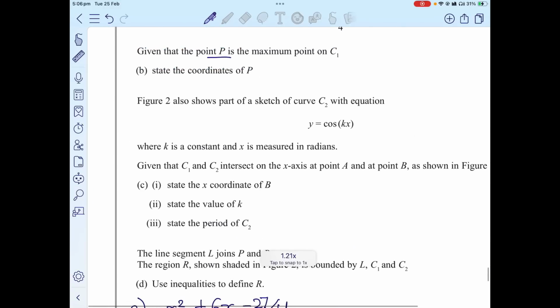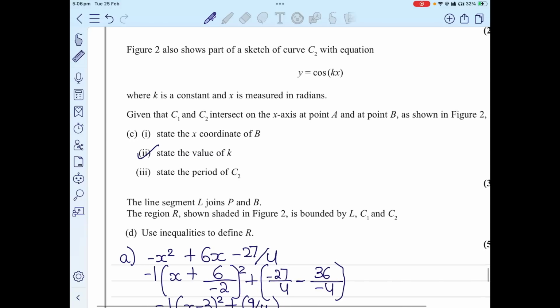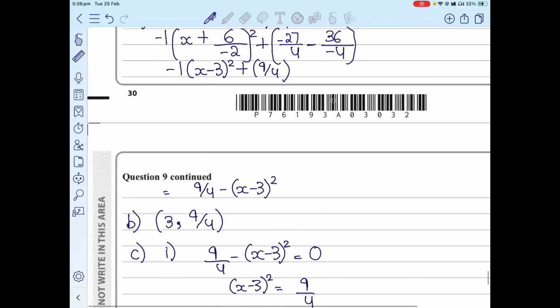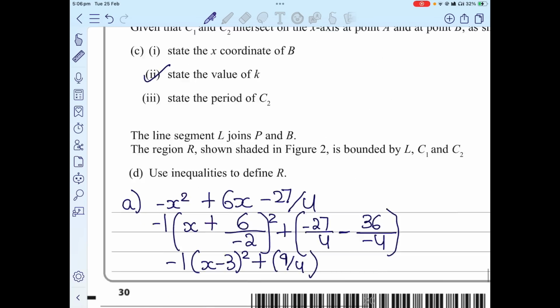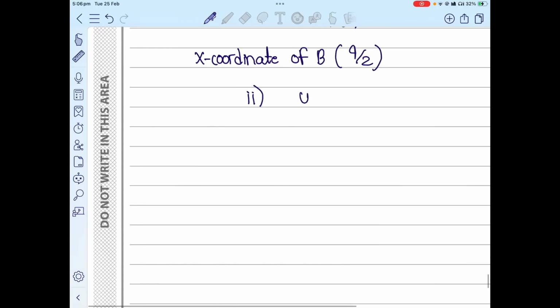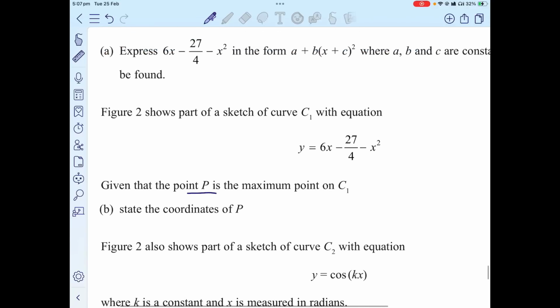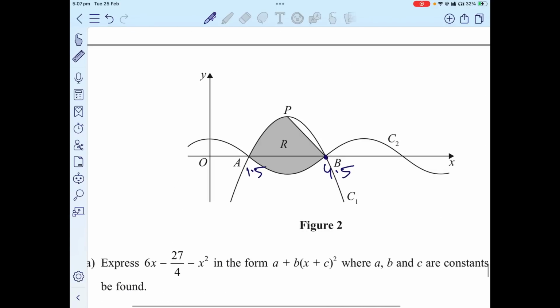The second part says state the value of k. Basically, my curve equation is y is cos of kx. When my x value is 4.5, the y value is 0.